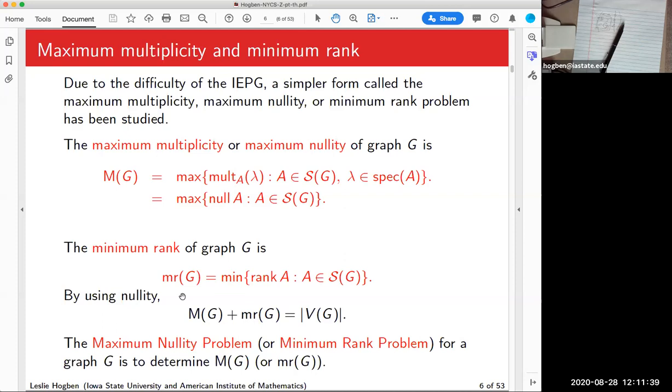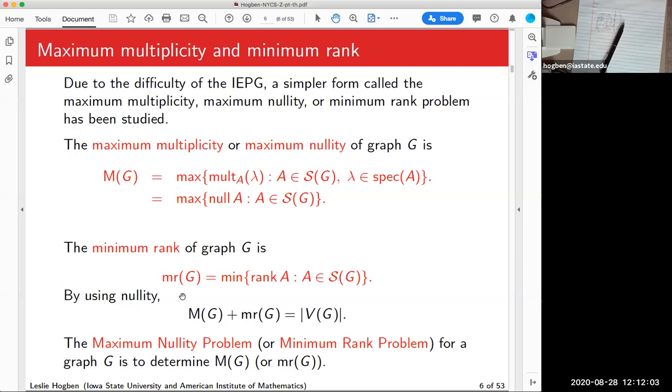To give you an idea, there are dozens and dozens of families of graphs for which the maximum multiplicity or maximum nullity has been determined. There are probably fewer than 5 families of graphs for which the entire inverse eigenvalue problem has been solved.